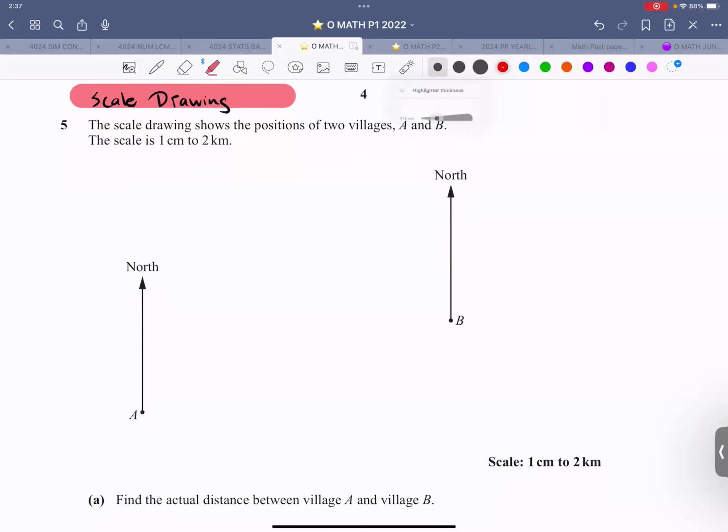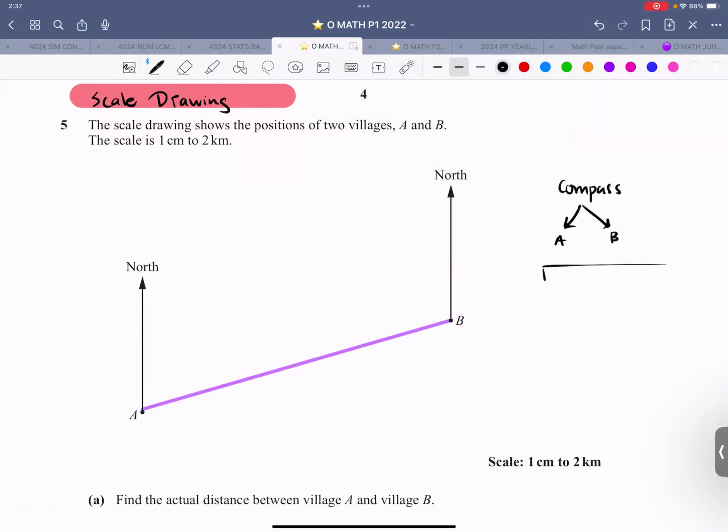What we do is join these two points from A to B like this. And then we take a compass. We put one compass point on A, the other on B. And then we use a ruler, and maybe one point goes over here, the other goes over here. So this is like AB, and this is the distance that is measured in centimeters. 1 centimeter is 2 kilometers.